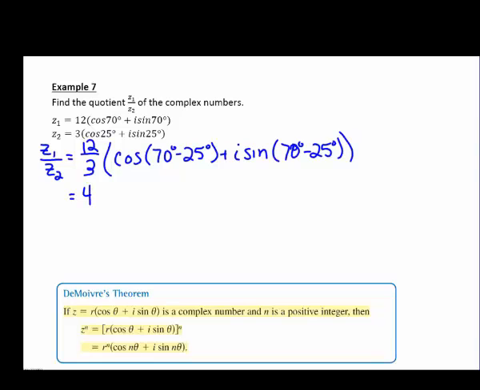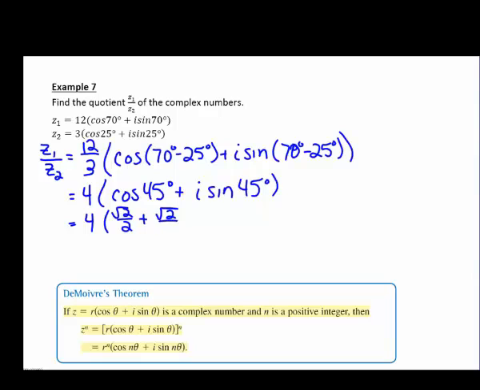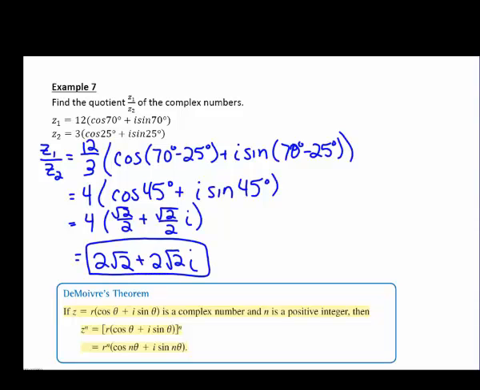And so that becomes 4 times the cosine of 45 degrees plus i sine of 45 degrees. So we get 4 times the square root of 2 over 2 plus, we'll put that i in after, square root of 2 over 2 times i. And then when we multiply that through, we end up with 2 square root of 2 plus 2 square root of 2 i. And that's how we can find the quotient.